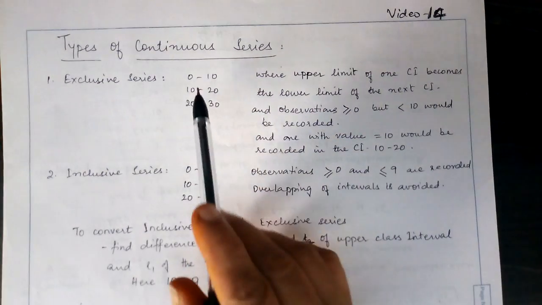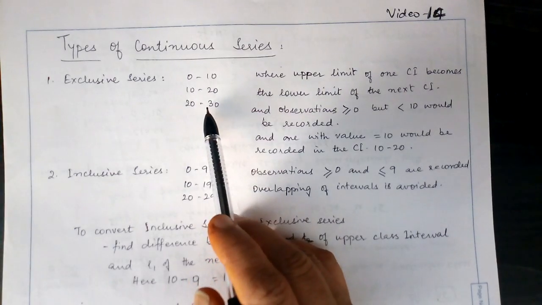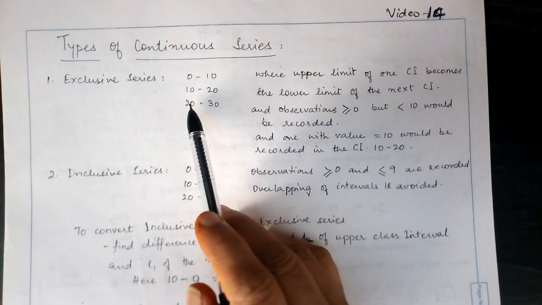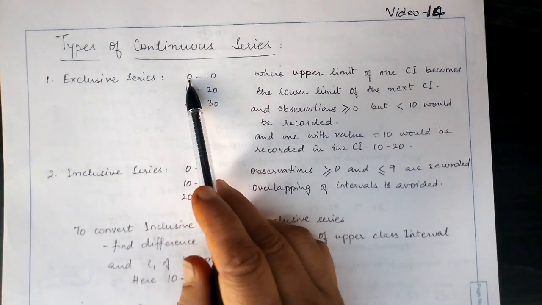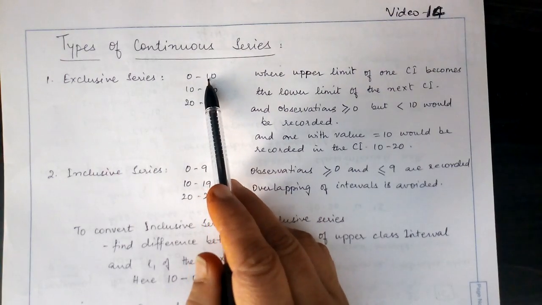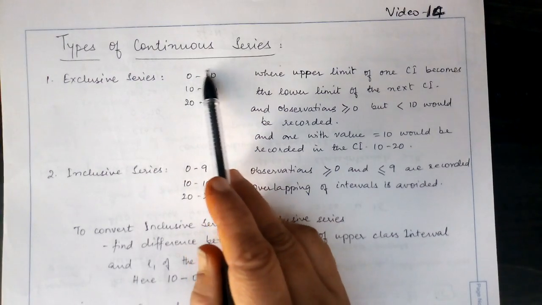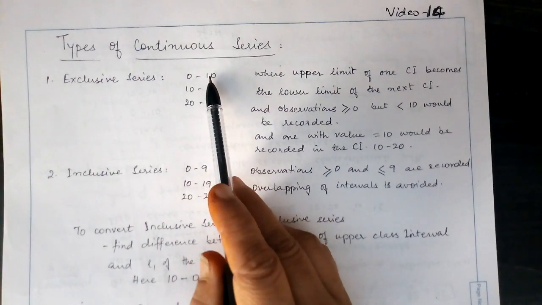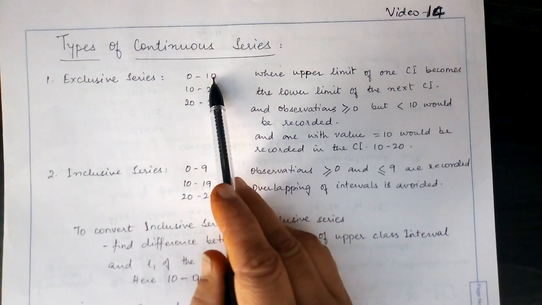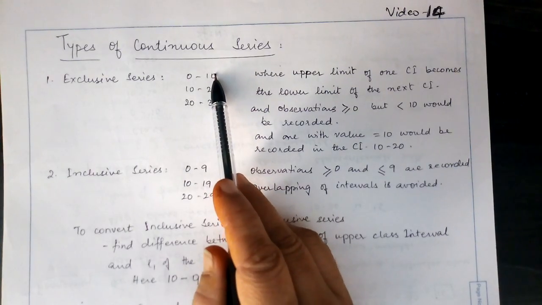Now observations under each class interval will be recorded from 0 to less than 10. That means if an observation is 0, it will be recorded under this class interval. But if the observation is 10, we cannot write it in this class interval because the upper limit of the class interval is excluded.